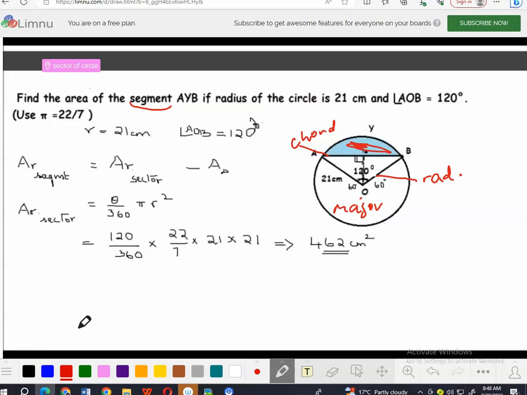Divide that angle by 360, multiplied by pi, which is 22/7, multiplied by the radius 21 times 21, because it has to be r squared, and you will get 462 square centimeters. That is what you are supposed to do to calculate the area of a circle segment.